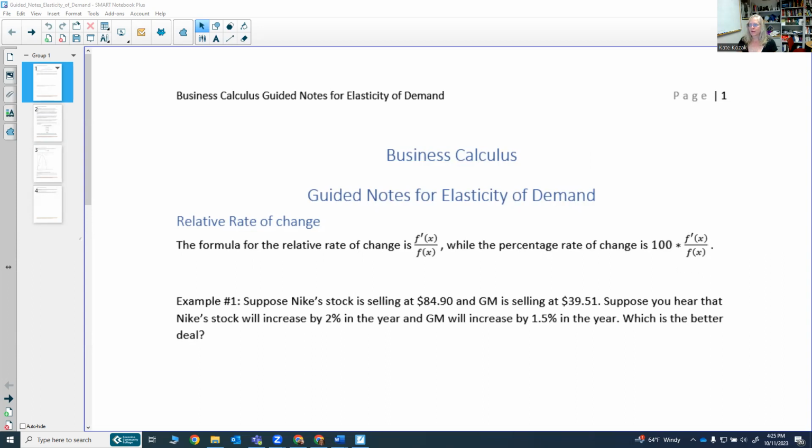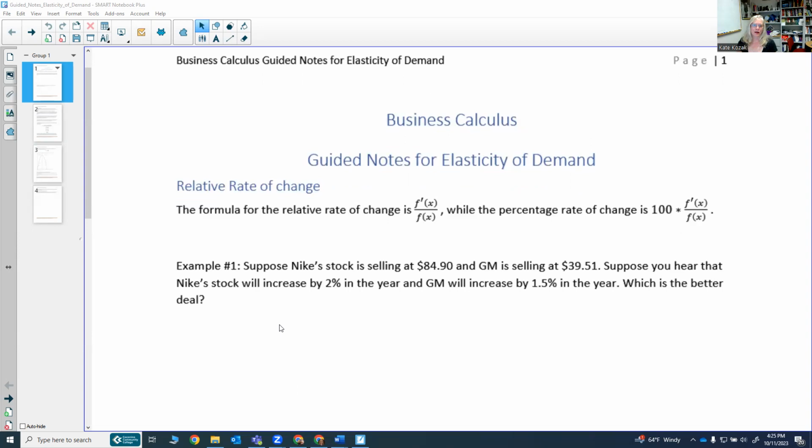As an example, suppose Nike stock is selling at $84.90 and GM is selling at $39.51. Suppose you hear that Nike stocks will increase by 2% in the year, and GM will increase by 1.5% in the year. Which is the better deal?